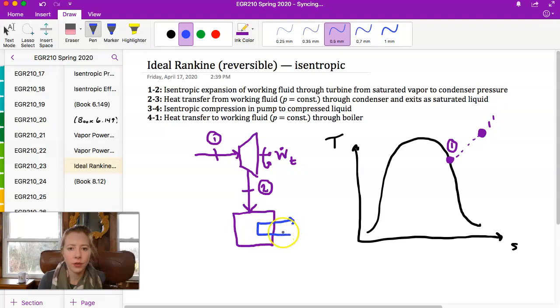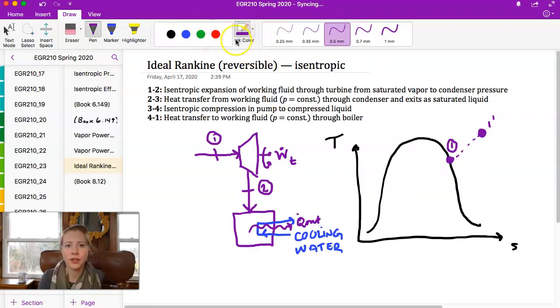So we have our cooling water. And usually we have some heat exchange going on. So we have some Q dot out here. So that's our condenser.